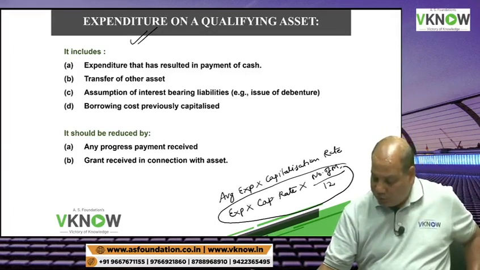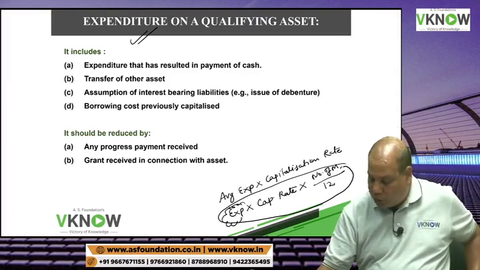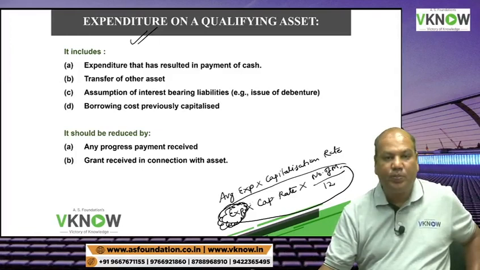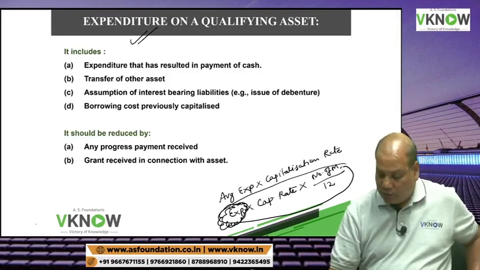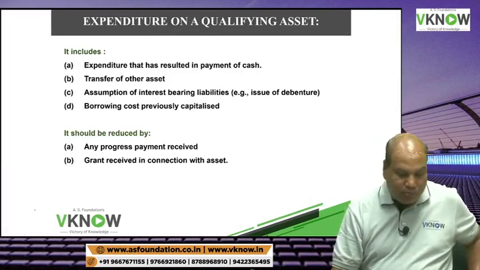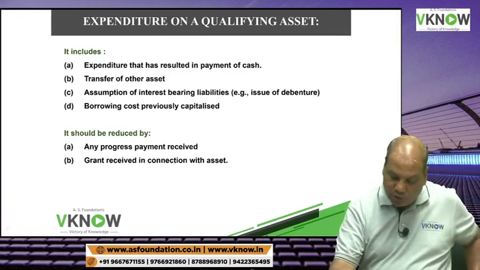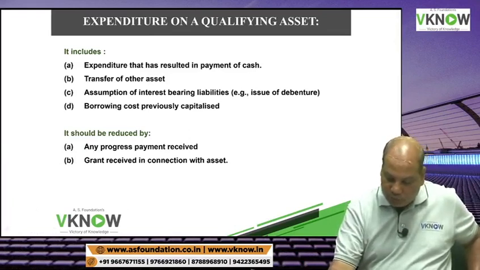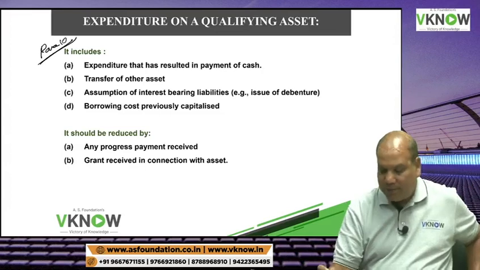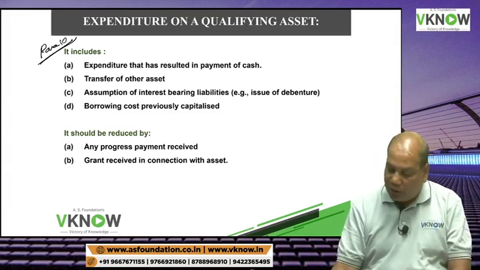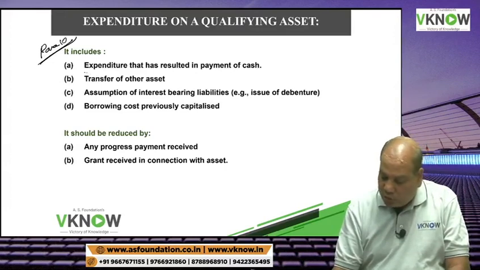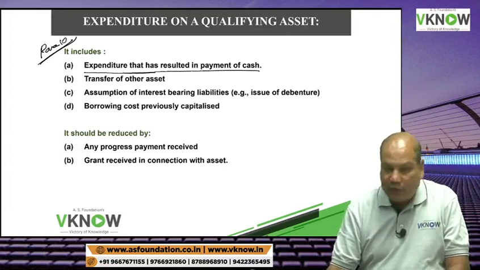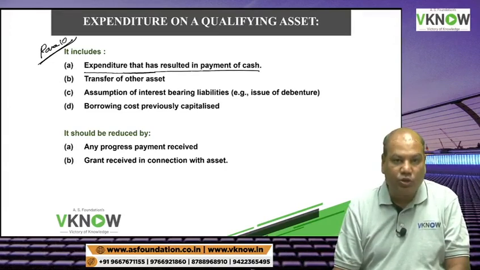Then the question is, what will be included in expenditure? What comprises of expenditure on qualifying asset? So the standard says, paragraph number 10 in your book, tick mark. Expenditure on qualifying asset will include those expenditure that has resulted in payment of cash.